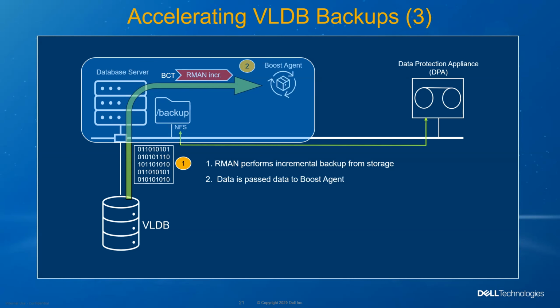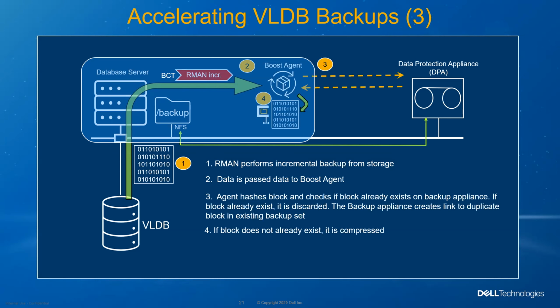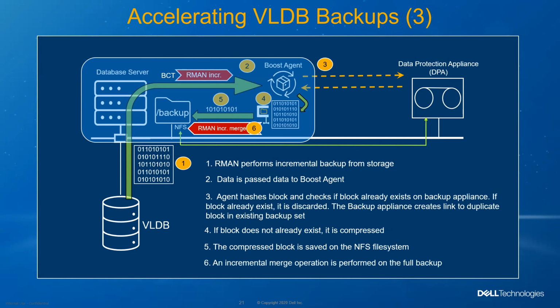And then again, the incremental backup goes through the backup agent, and then eventually it ends up on the NFS share. And what this means is that the full database backup plus its incremental backup is available as a full backup on the NFS share, on which RMAN can operate the RMAN incremental merge feature.